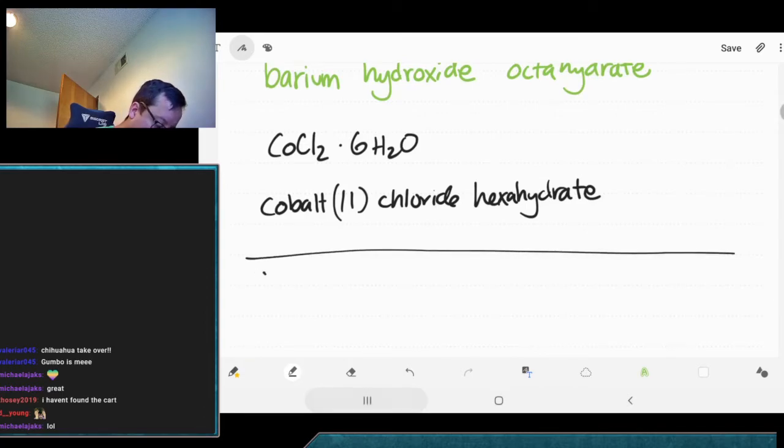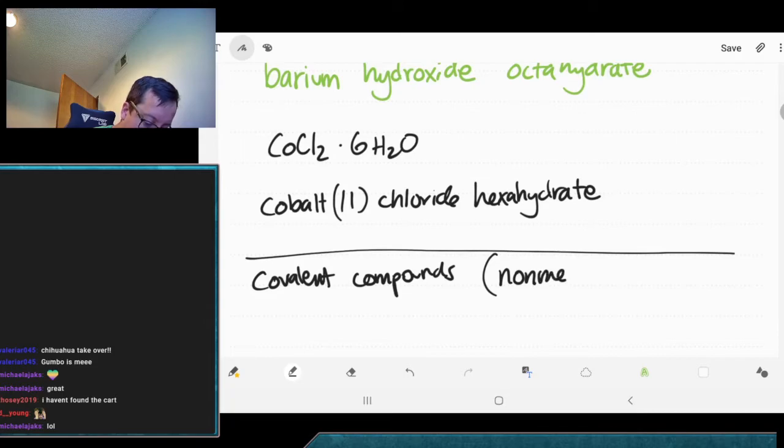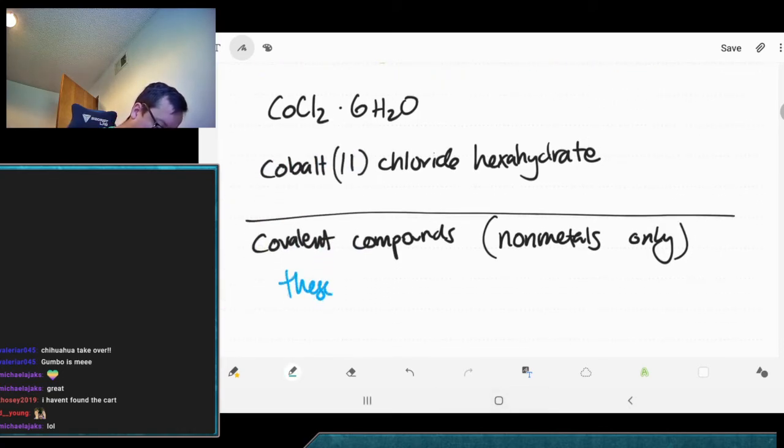Let's talk about covalent compounds. These are non-metals only. And it's very important that we make the distinction that these do not have charges.